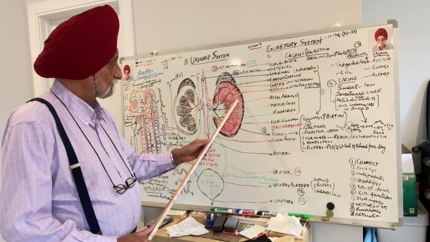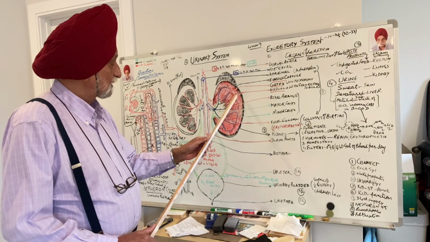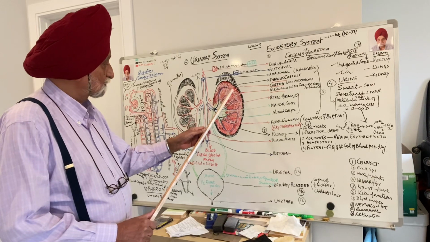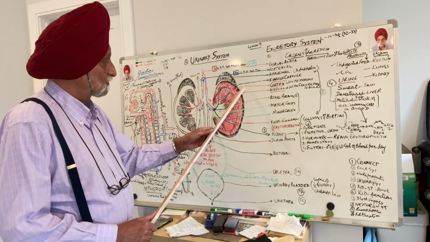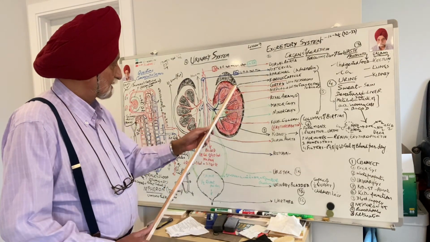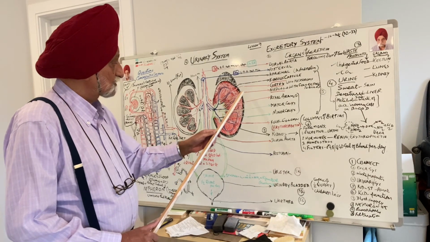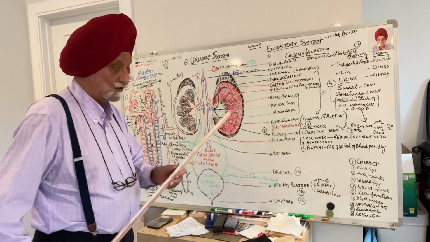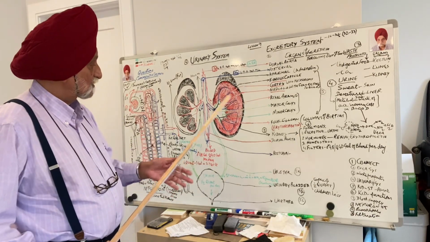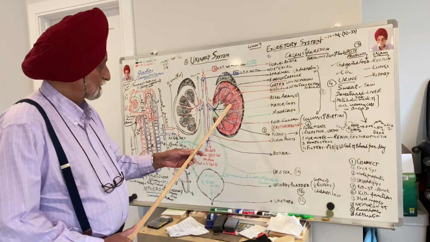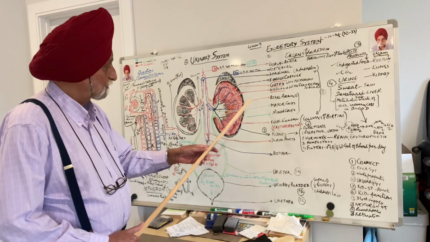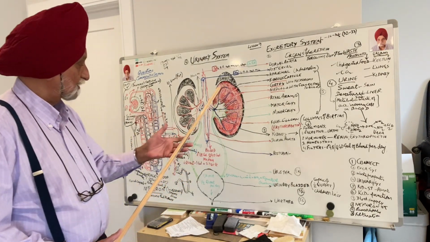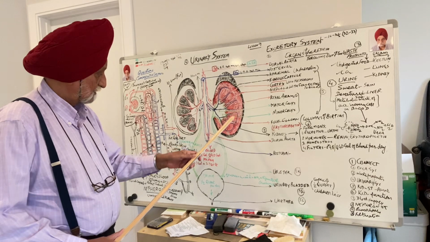And inner to the fibrous capsule is the outer portion of the kidney, which is called the cortex, and the inner portion of the kidney is called the medulla. The medulla is thrown into pyramid-like structures, and they are called renal pyramids, which are 5 to 8 in number in the whole kidney.